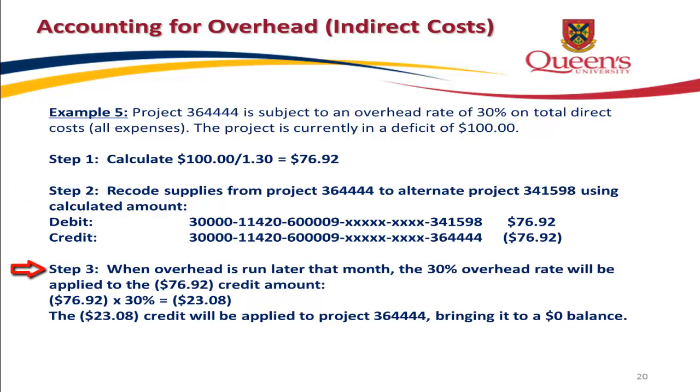Finally, when the overhead process is run at the end of the month, it will look at transactions which have occurred in the month, in this case, a credit of $76.92. The 30% overhead rate is then applied to this amount, resulting in a credit of $23.08. This credit is then applied to Project 364444 using overhead account 693001, bringing the project to a zero balance.